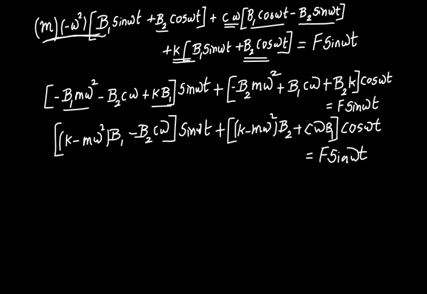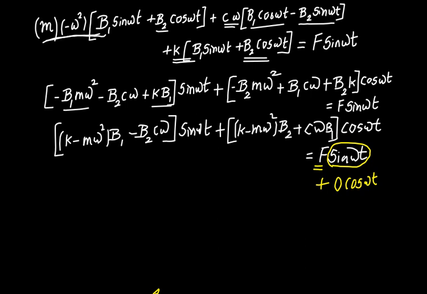Now you compare the left hand side and the right hand side. The right hand side has got f sine omega t, and you can see I can add one more term to the right hand side, plus 0 cos omega t. If I do that, I'm not going to do any damage to the equations, because 0 into anything is going to be 0. Just by comparison, the coefficient of sine omega t on the right hand side is f.